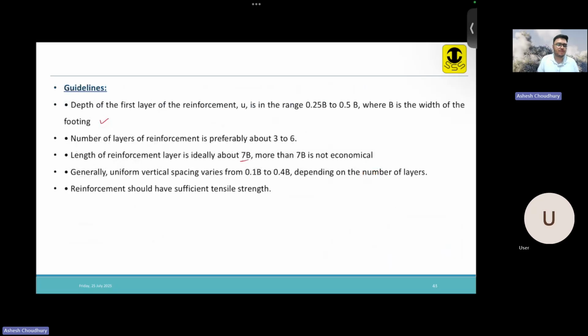Since everything is over for today, we will continue with the design of reinforcement for bearing capacity improvement in tomorrow's session. So thank you.